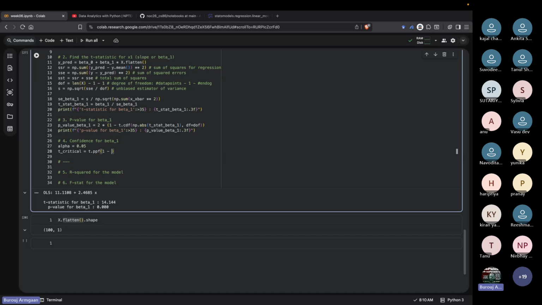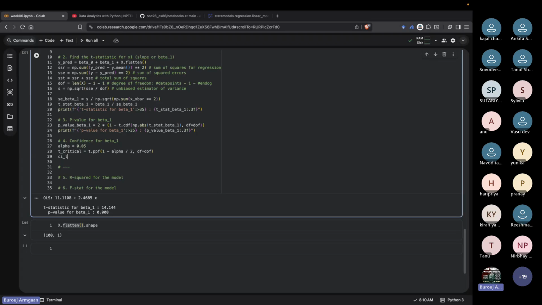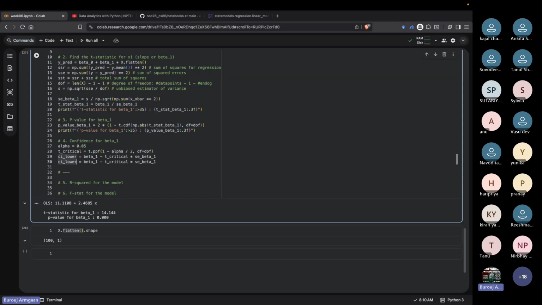You will supply the higher tail value, 1 minus alpha by 2, because we are taking a two-tailed test, and again you will supply the degree of freedom to be this much. Your CI lower is just your beta 1 minus T critical times the standard error of beta 1.